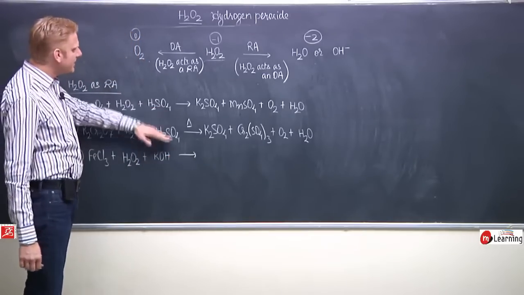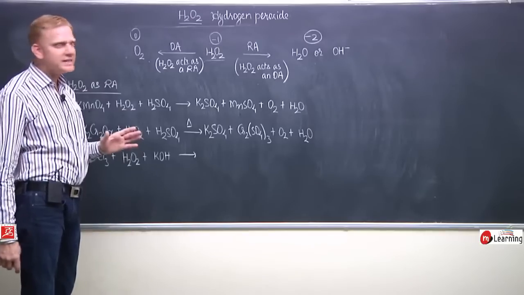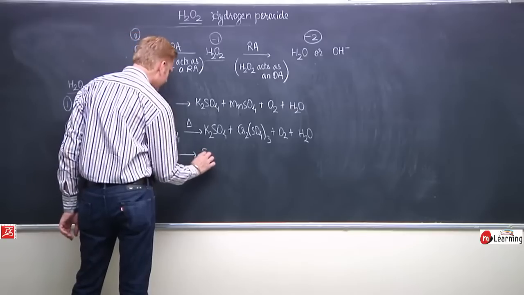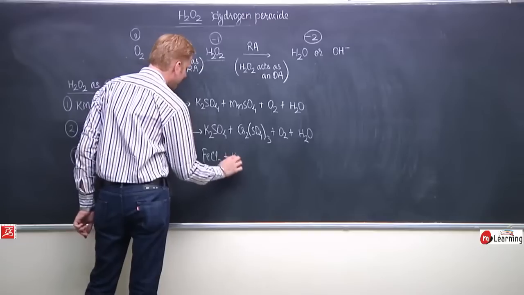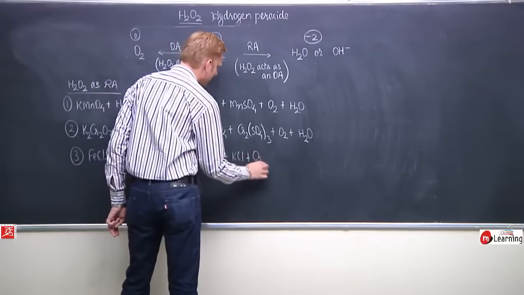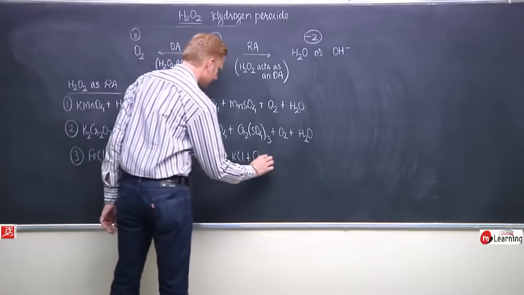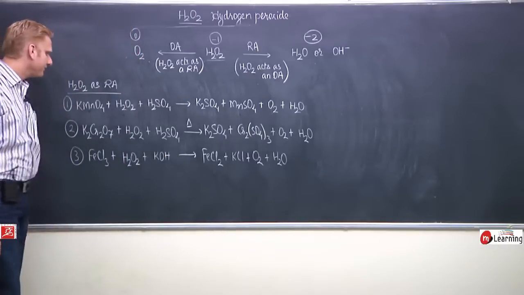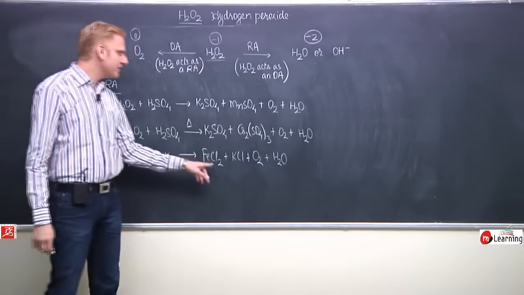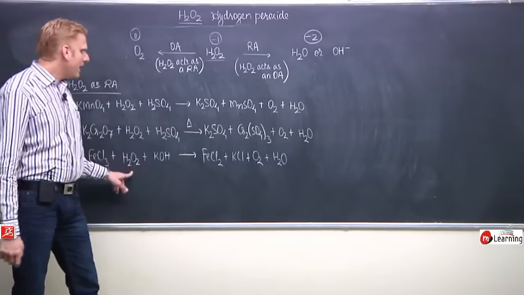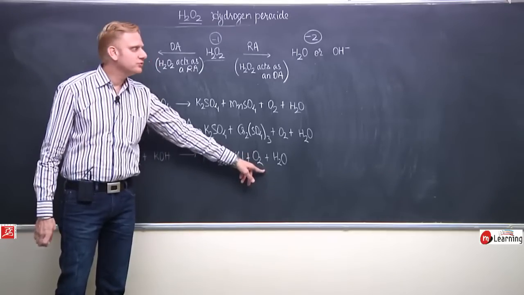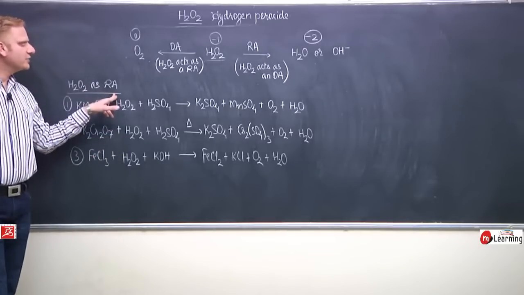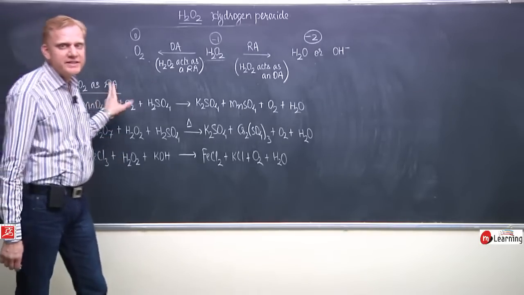As we have seen, for the previous reactions the medium required was acidic, and here in basic medium the reaction gives ferrous chloride, KCl, liberating oxygen. For balancing, H2O will also appear. So ferric is reduced to ferrous. Hydrogen peroxide is oxidized to O2. So these are some common reactions where we see hydrogen peroxide acting as reducing agent.